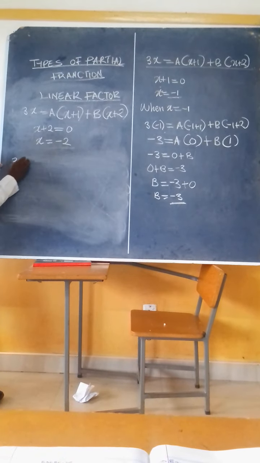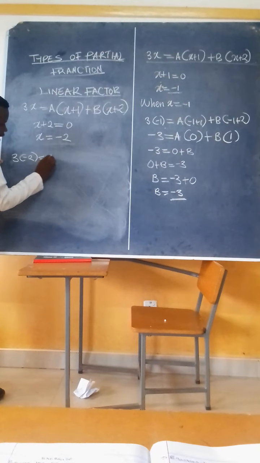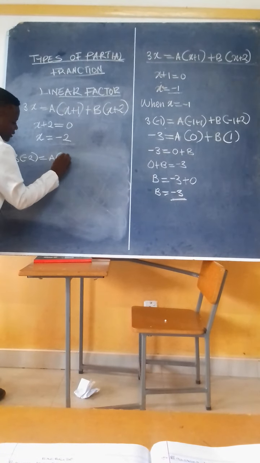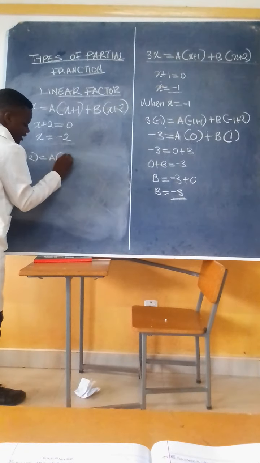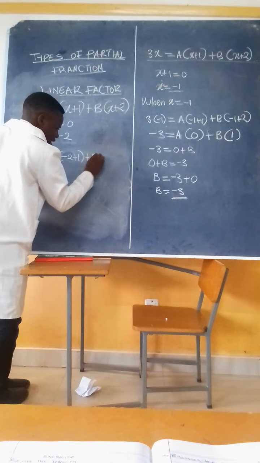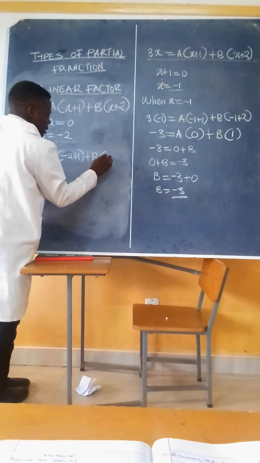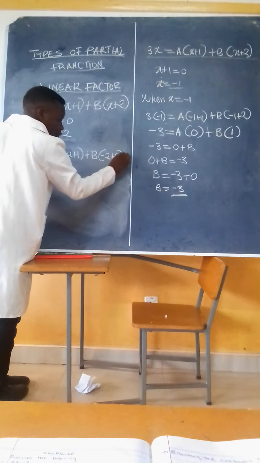If you say 3 open brackets, negative 2, close brackets, is equal to a, open brackets, x, plus 1, close brackets, plus b, open brackets, negative 2 plus 2, close brackets. We replace where there's x.